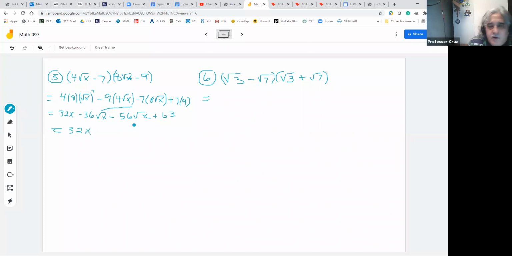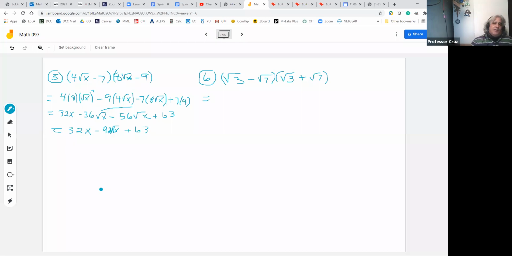Now, an important aspect of this, and you'll see it when we get it all together: that's 92 square root of x.